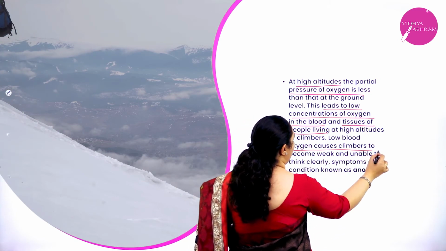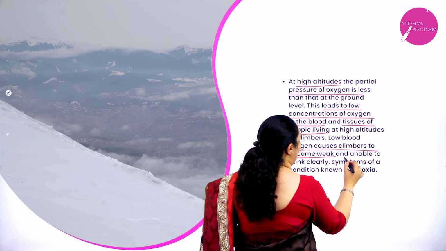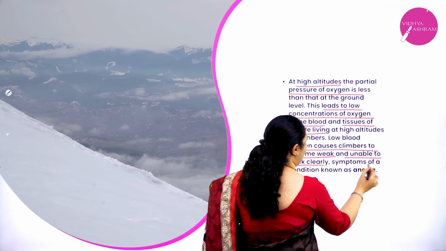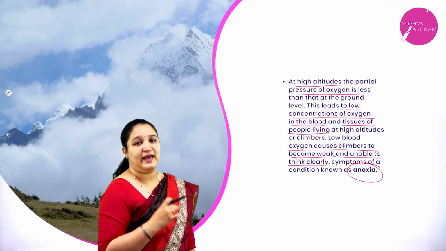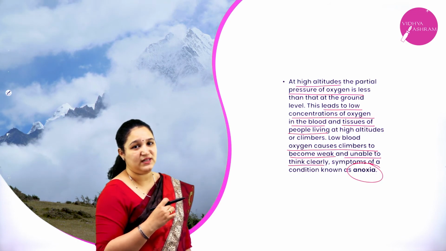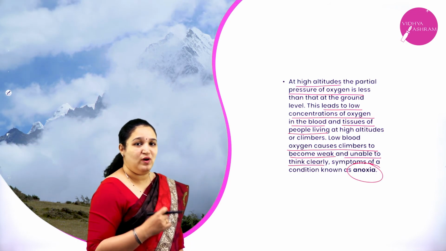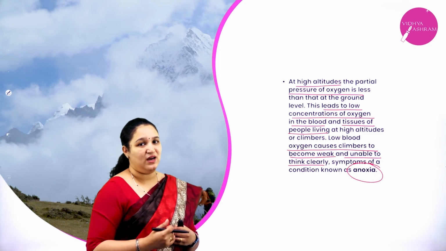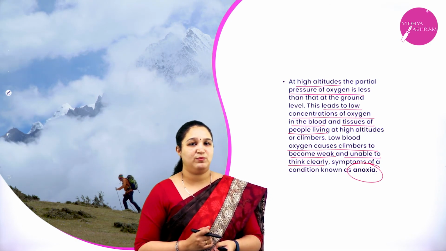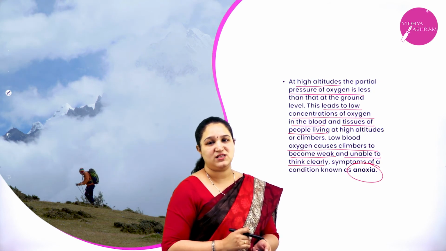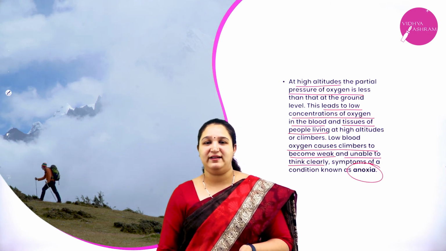Low blood oxygen causes climbers to become weak and unable to think clearly, and these are the symptoms of the condition called anoxia. Anoxia means oxygen is reduced or it is in less quantity. So that is about the last application of Henry's law.